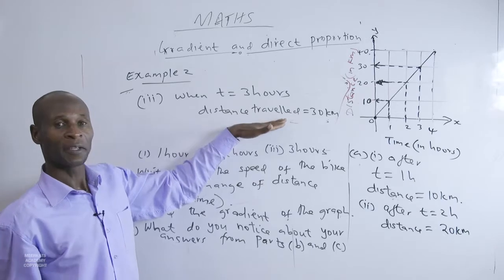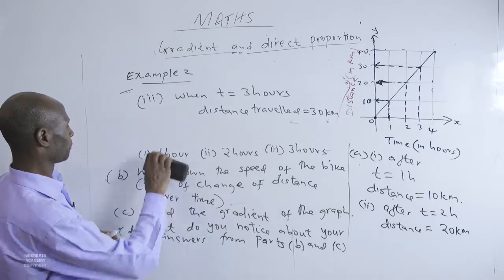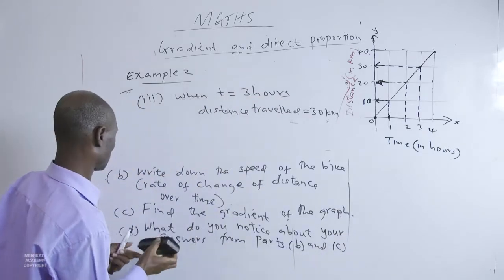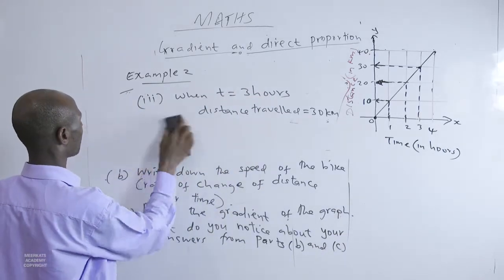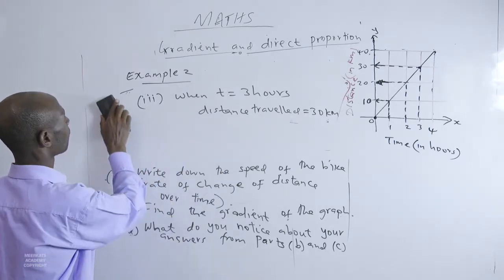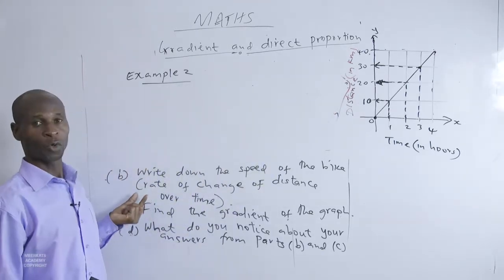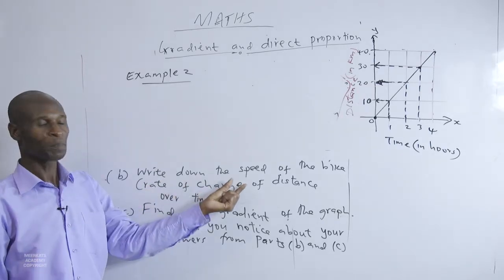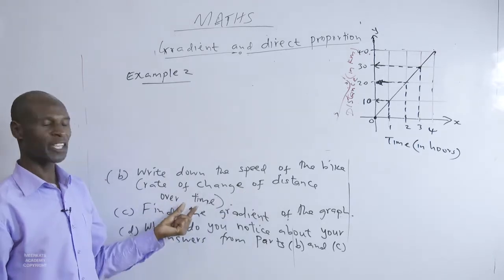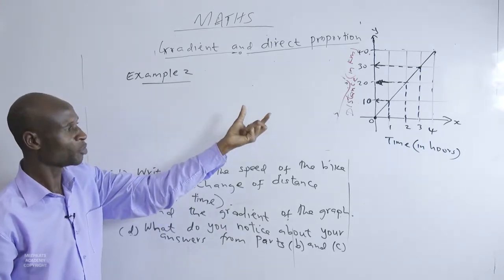So we are through with part A. We now move on to part B. To answer part B, that is, write down the speed of the bike, in brackets, the rate of change of distance over time, we need to have a small table and do that very fast.